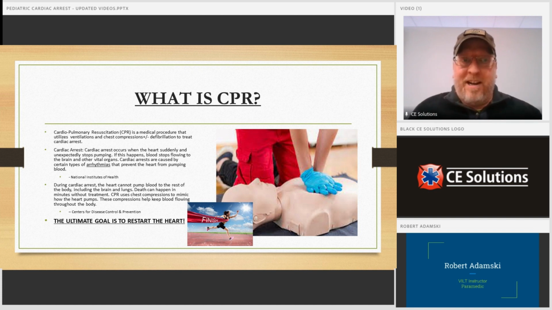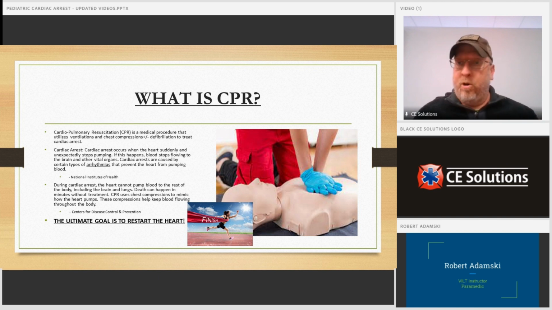Now, what is cardiac arrest? Cardiac arrest is a life-threatening medical condition that occurs when a patient's heart stops suddenly and stops perfusing the vital organs.